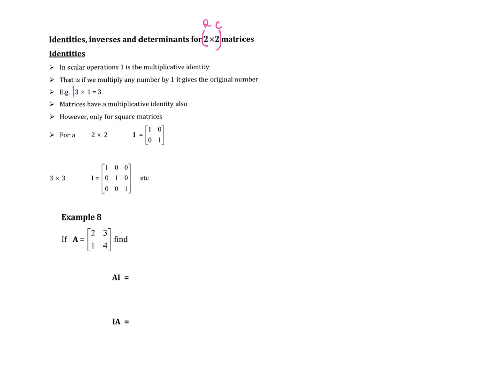So if we're just using numbers and we go 3 times 1, what do you notice? We get the 3. We get what we multiply it by. So if we multiply something by a 1, which is like an identity, we get the same thing back, don't we? So if I said 4 times 1, I still get 4, don't I?